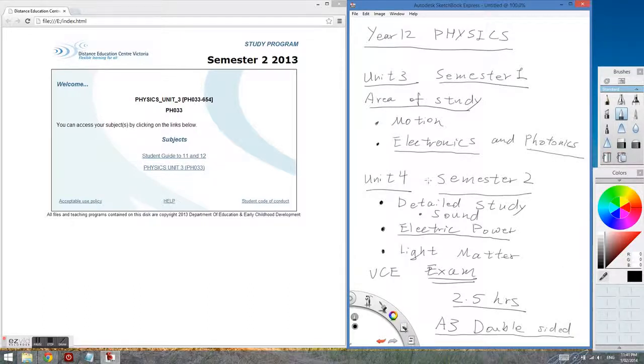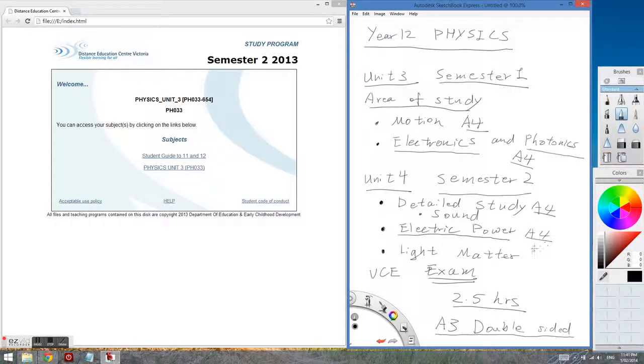What I normally recommend my students to do is, the requirement of distance education is you can have a single A4 page as a cheat sheet for each area of study.